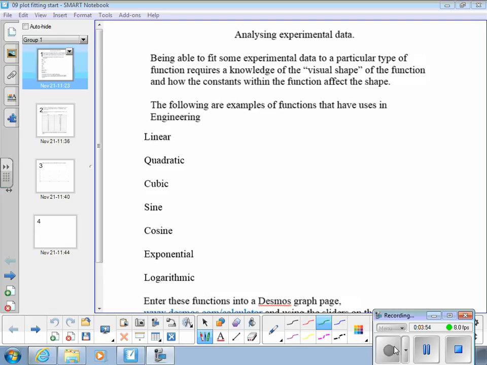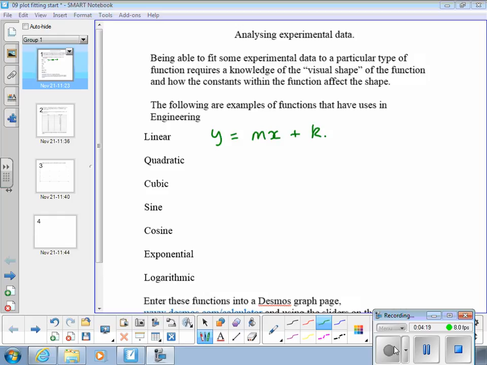We've looked at a number of functions throughout the course that have uses in engineering. Linear, for example. y is equal to mx plus k. Throughout these, I'm going to use k as a constant that would give you a shift up and down the y-axis.